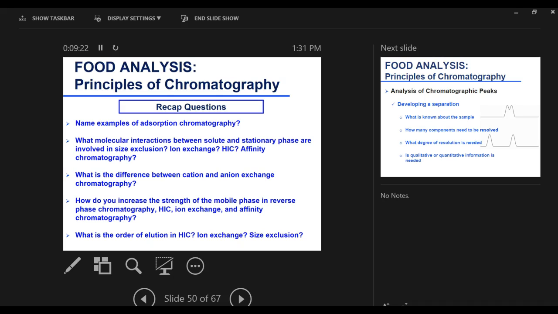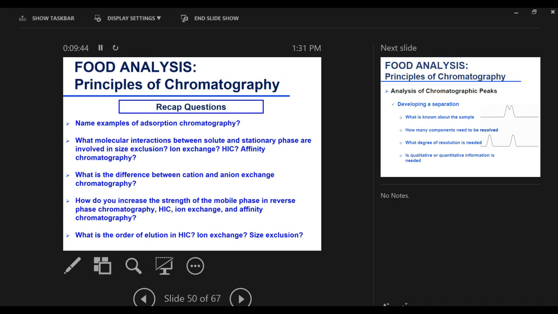Yes, you can increase the ligand in the mobile phase so that the solute is interacting with the ligand in the mobile phase. But what is another way that is not specific? Change the pH or the ionic strength. That is a non-specific way of changing the strength in affinity chromatography.